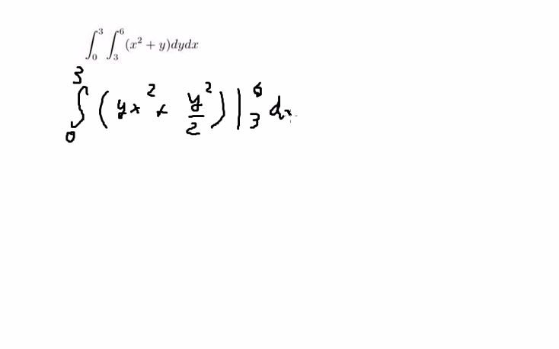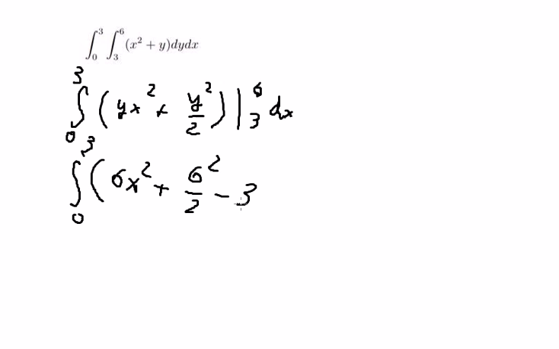The x, so we put number 6 in here, and number 3 in here, and here. So you got 6x squared plus 6 squared over 2 minus 3x squared minus 3 squared over 2 dx.